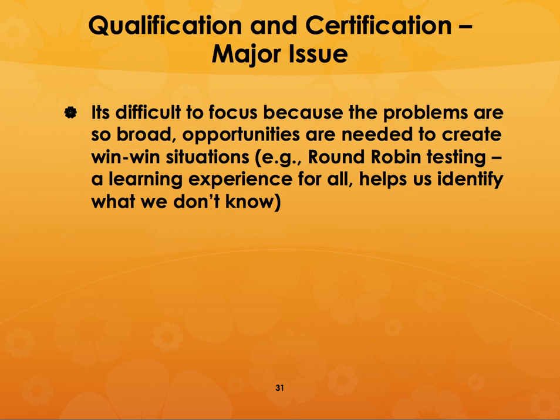They figured out that the only way to overcome these challenges is by making different industries and different people make these parts under the same conditions, and then they do testing, destructive testing, and it is called round robin testing, which is a learning experience for all, and it helps us to identify what we don't know.